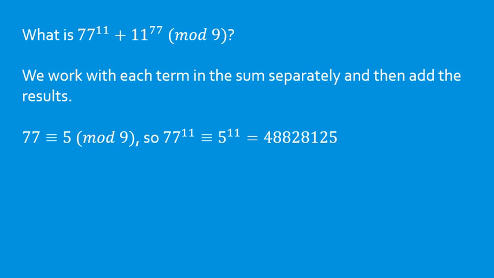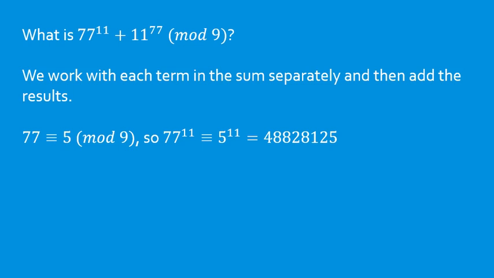So 77 is congruent to 5 mod 9. So 77 to the 11th is congruent to 5 to the 11th mod 9. And 5 to the 11th you can actually plug into your calculator and you will get the whole number out. You will get 48,828,125.